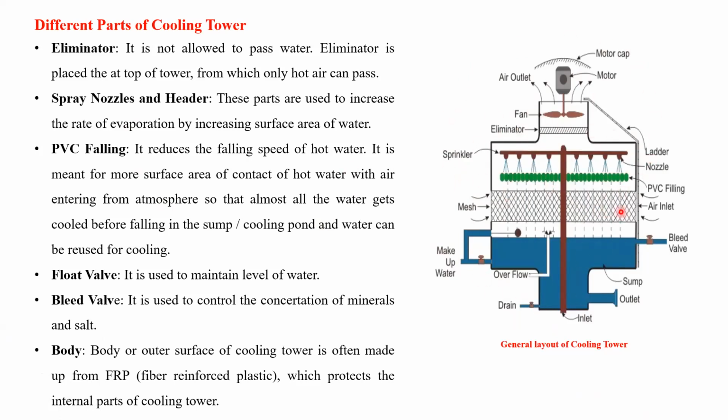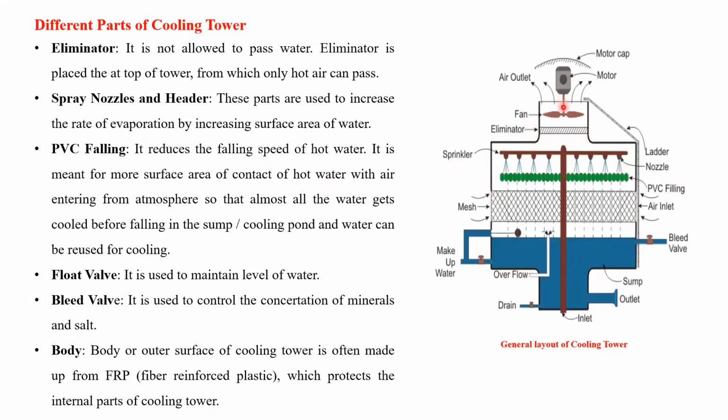So with the help of this diagram, I want to explain the different parts of a cooling tower, including the eliminators. First, at the top, this is the cooling tower made of concrete or fabric, you can say PVC or polyester fiber.